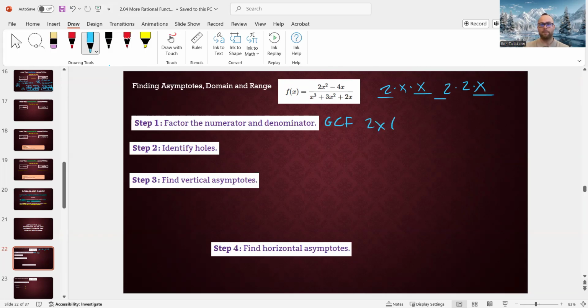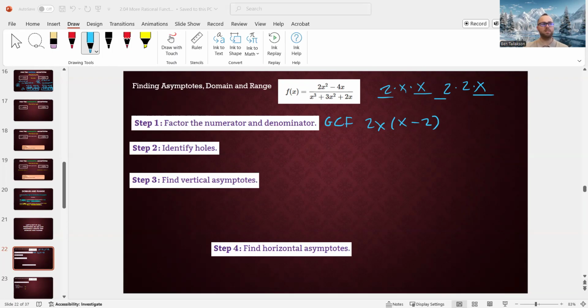Factor that out. 2x times what would give us 2x squared? And 2x times what would give us negative 4x? So numerator is now factored out. Can you factor the denominator? Try. We have x cubed this time.